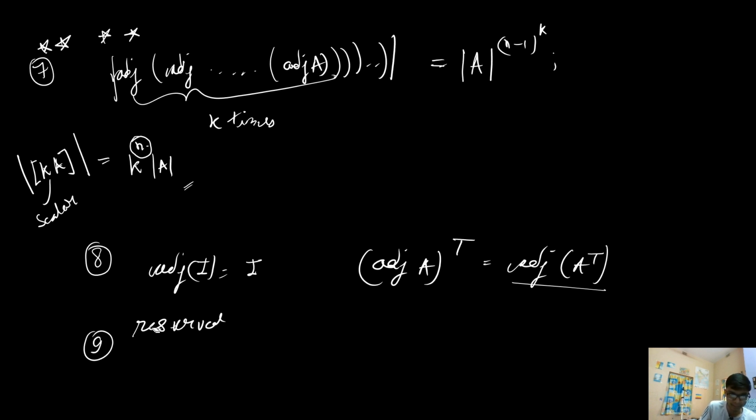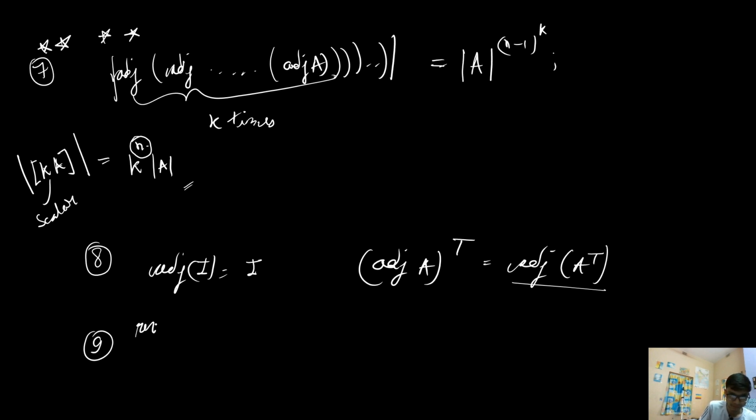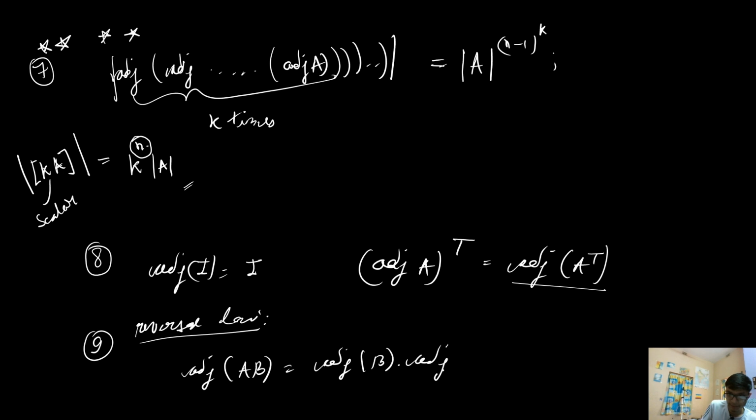Okay, I'm sorry for the spelling. Now this law was also seen when we were calculating the transpose. If I calculate the adjoint of A into B, this is equal to the adjoint of B multiplied by the adjoint of A.